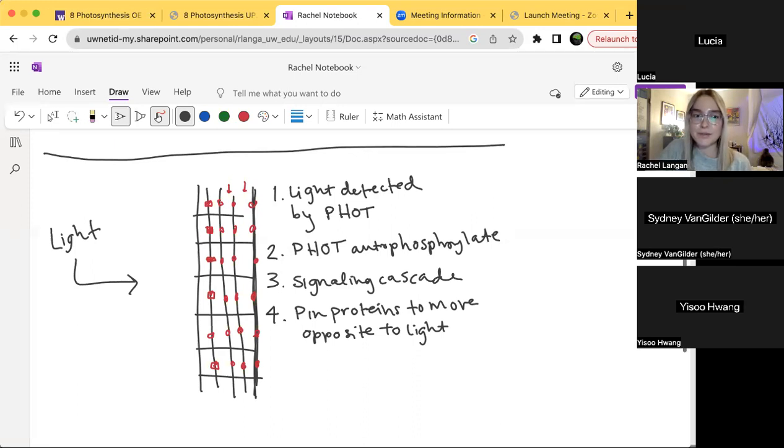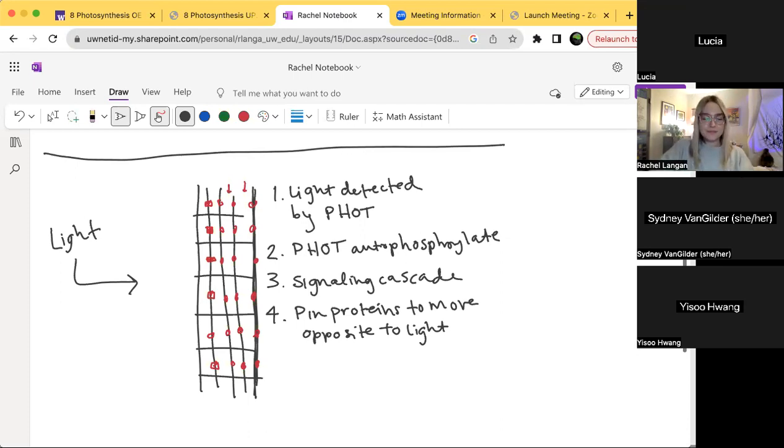Because if it could move through the cells, then all of this would not make any sense. And is AUX/LAX auxin and chloride inside of the cell, or is it auxin and H plus? Yeah, it's a symporter for auxin and hydrogen ions. Okay, thank you. You're welcome.